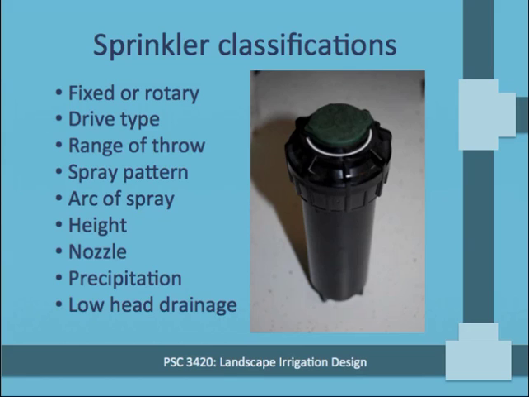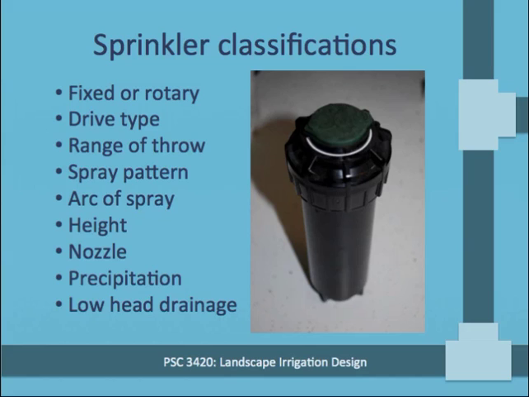And a fixed head will typically distribute water in a fan-like pattern or perhaps in multiple streams that may or may not move, but rotary heads distribute water through one or more nozzles that rotate to move the streams.